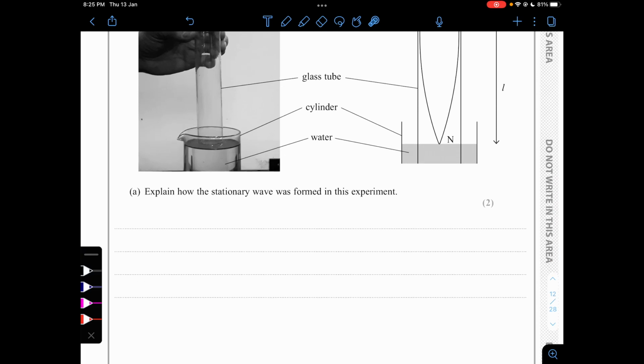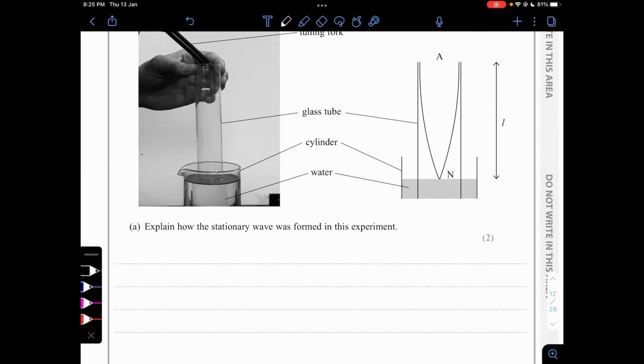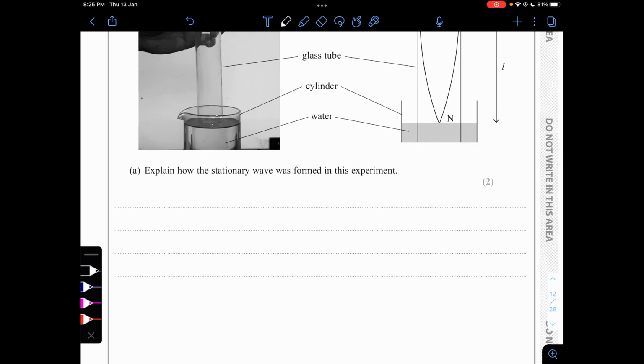So in this experiment, you can see, as it goes down, you get what? So we have a node and antinode, so that means we have 2 waves, right? So waves are reflected by the water, obviously. So they're traveling in opposite directions.